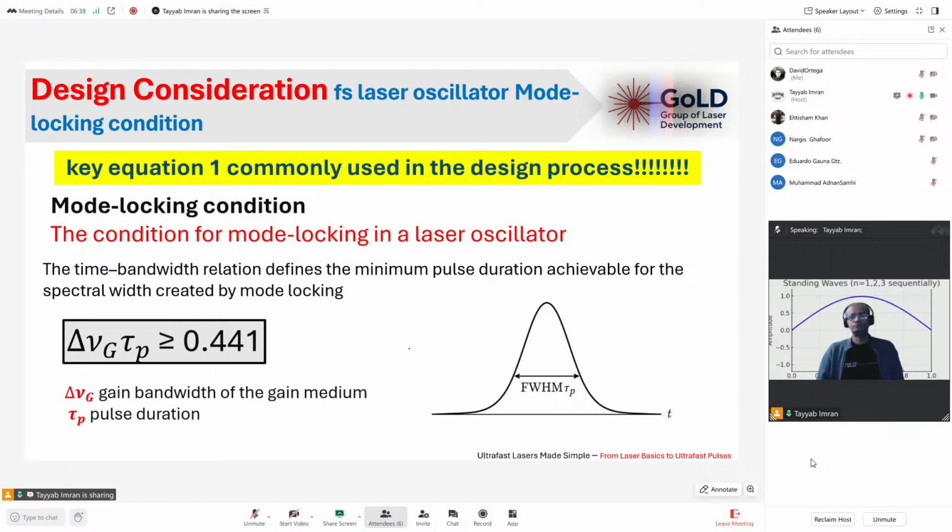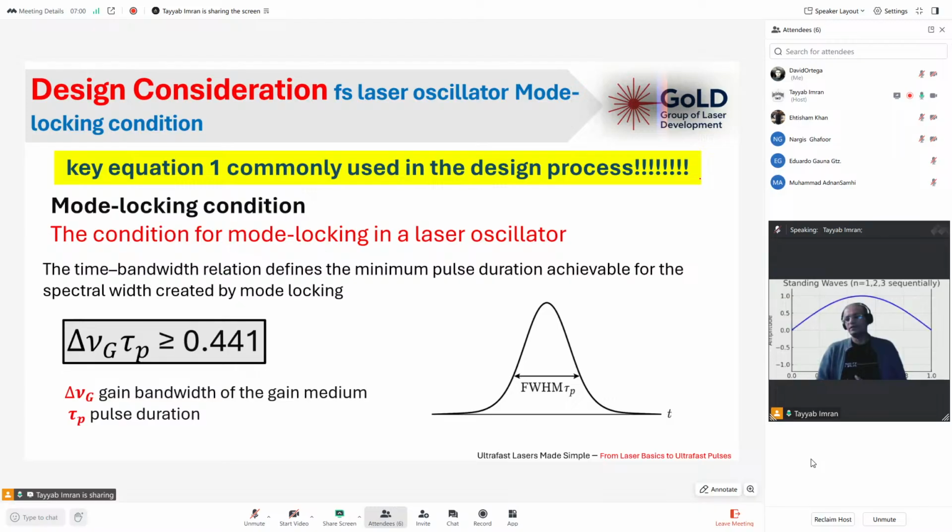Okay, so what do you see here? Design consideration, and specifically femtosecond laser oscillator.